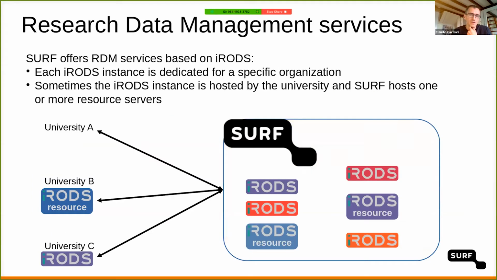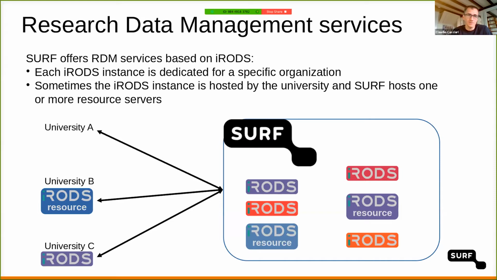So my team is responsible for research data management services based on iRODS and offers these services in different configurations. Just an example here: sometimes we offer an iRODS instance dedicated to each organization. And sometimes we host the full iRODS software stack with the iCAT and the resource server and everything on SURF premises.